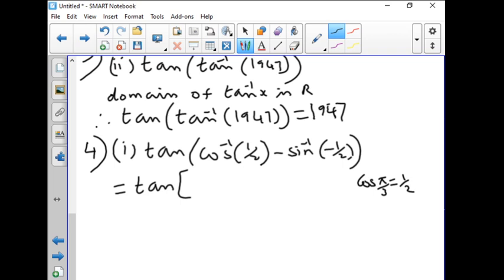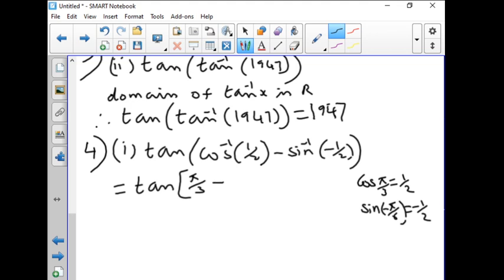And what about sine inverse? Sine of minus pi by 6 is what? Minus 1 by 2, because sine of minus theta is minus sine theta. So therefore, what is cos inverse of 1 by 2? Cos inverse of 1 by 2 is pi by 3.